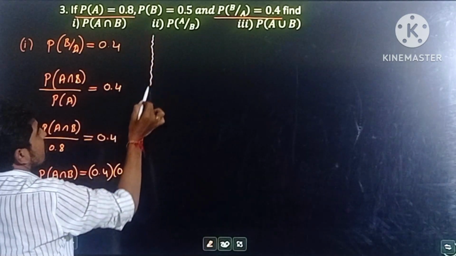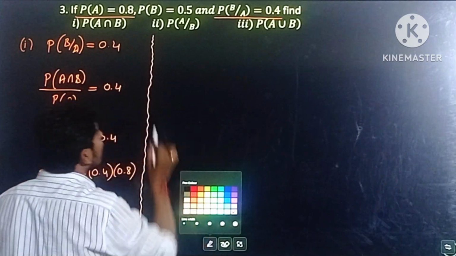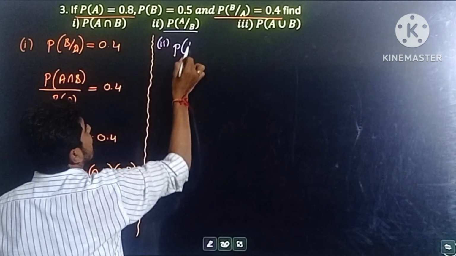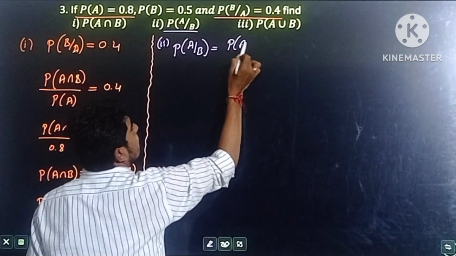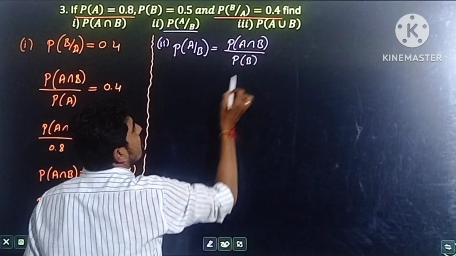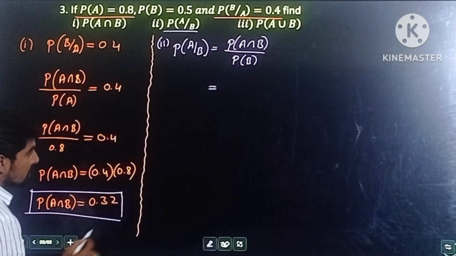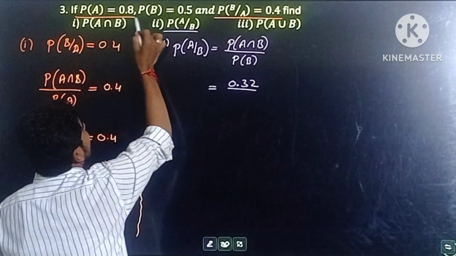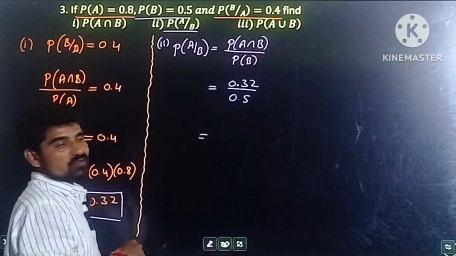Now the second question: we need probability of A by B, and we know that probability of A by B is equal to probability of A intersection B divided by probability of B. Probability of A intersection B is calculated already, that is 0.32, divided by probability of B, which is given, 0.5.